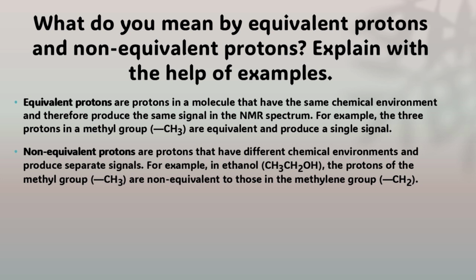For example, the three protons in a methyl group, CH3, are equivalent and produce a single signal. Non-equivalent protons are protons that have different chemical environments and produce separate signals. For example, in ethanol, CH3CH2OH, the protons of the methyl group, CH3, are non-equivalent to those in the methylene group, CH2.